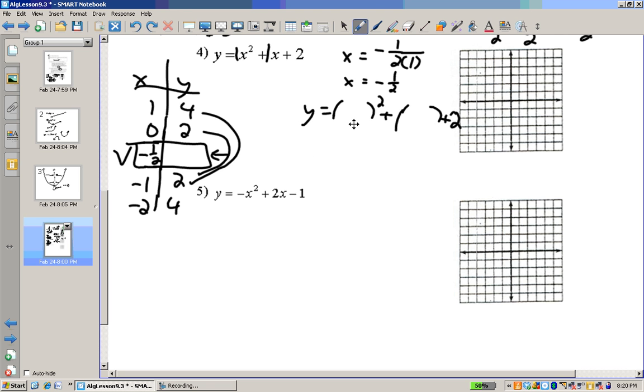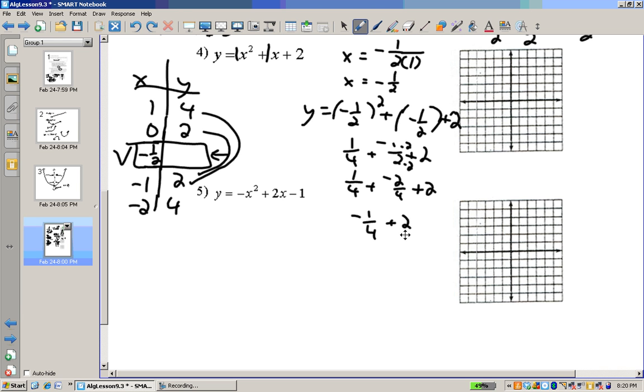Now we have to go with the fraction. Negative 1/2 times negative 1/2 is positive 1/4. Multiply the top and bottom by 2, and we get 1/4 plus negative 2/4 plus 2. 1 plus negative 2 is negative 1. And now I'm going to get a common denominator. That's going to be 7/4, or 1 3/4.